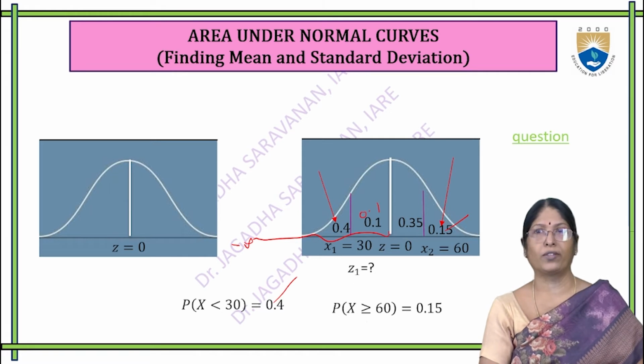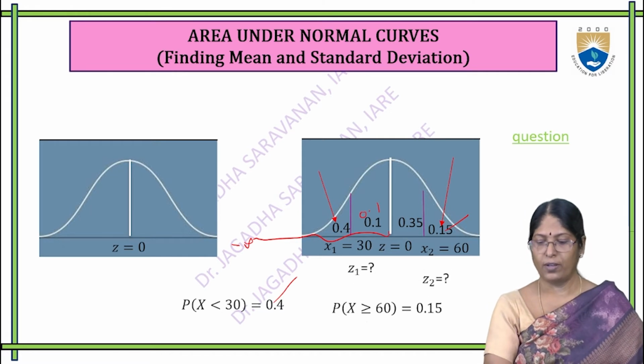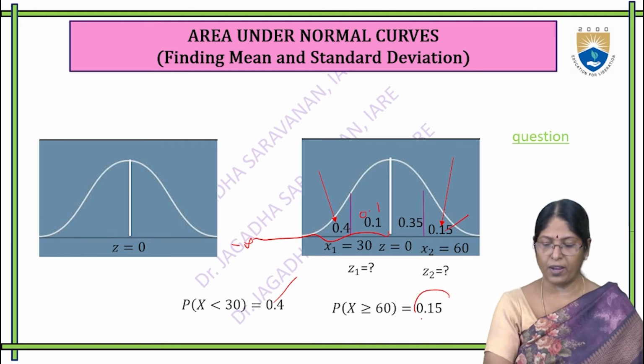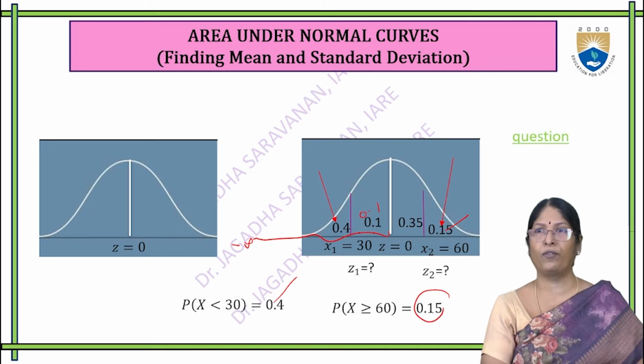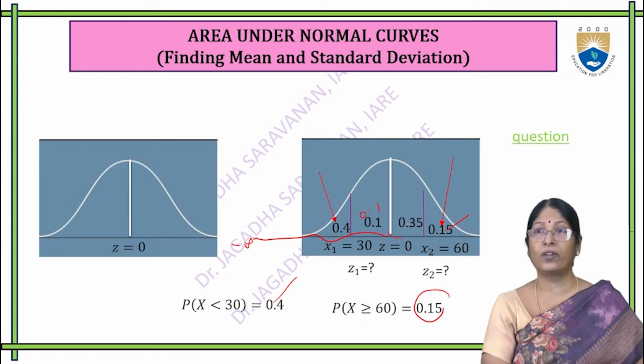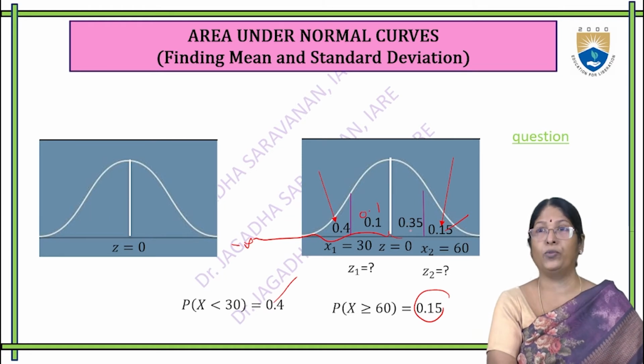Z1 we don't know, what that point is. Point Z2 also we don't know. The only thing is the area which is dominating, 0.15, and the leftover here is 0.35. How did we calculate 0.35? We subtracted 0.5 minus 0.15.